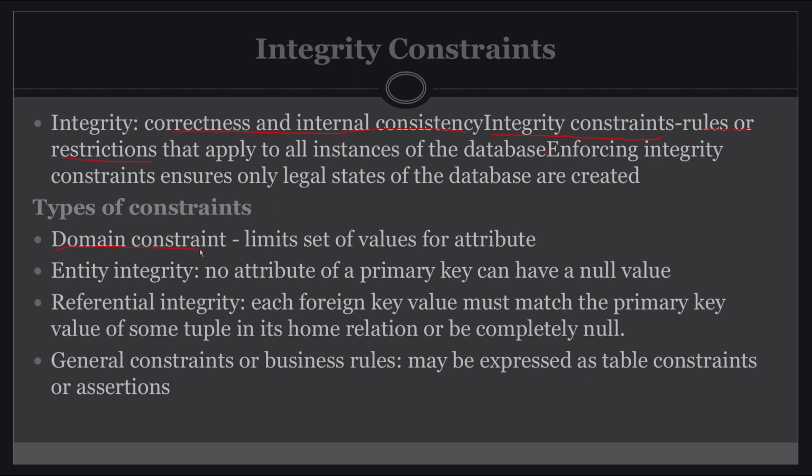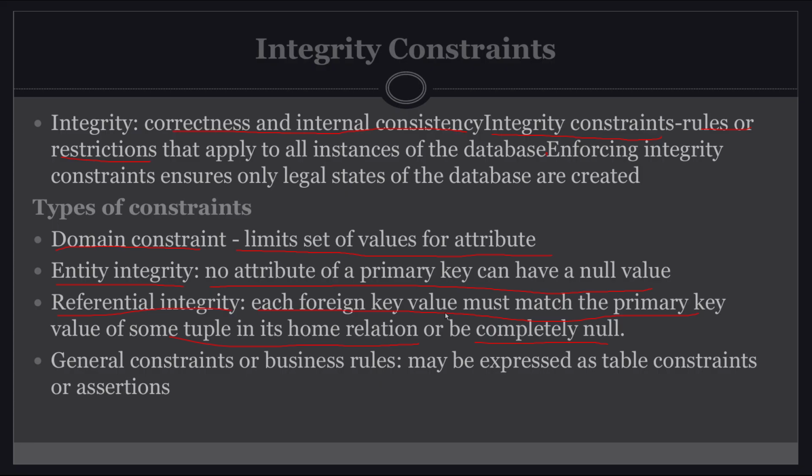Now, types of constraints. Domain constraints, in that you limit the set of possible values for an attribute. Entity integrity, which means that no attribute of a primary key can have a null value. Referential integrity: every foreign key must match the primary key of some tuple in the home relation or be completely null.